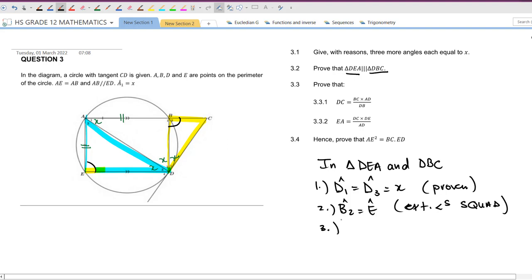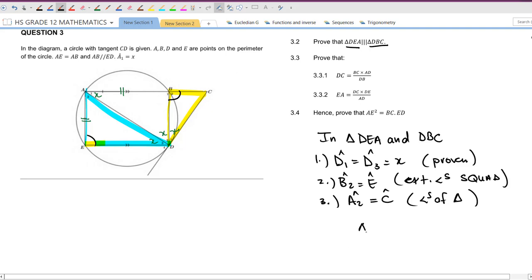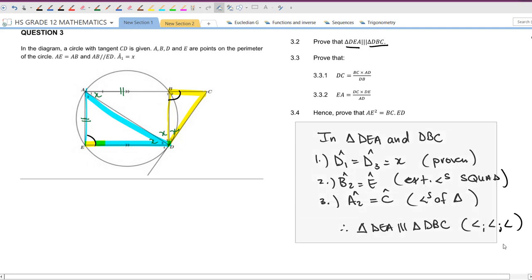And therefore the third angle, which is A2, must equal C. And that's angles of a triangle, or interior angles of a triangle. And therefore triangle DEA is similar to triangle DBC, and the reason is angle, angle, angle. Okay, so now you've got those two triangles similar with your reason.